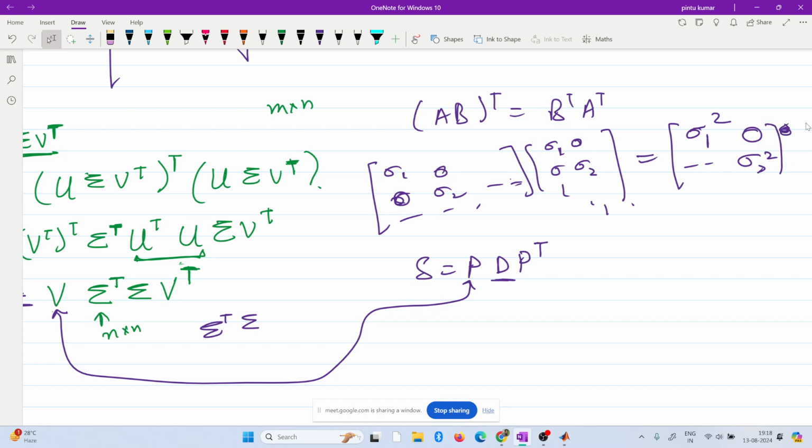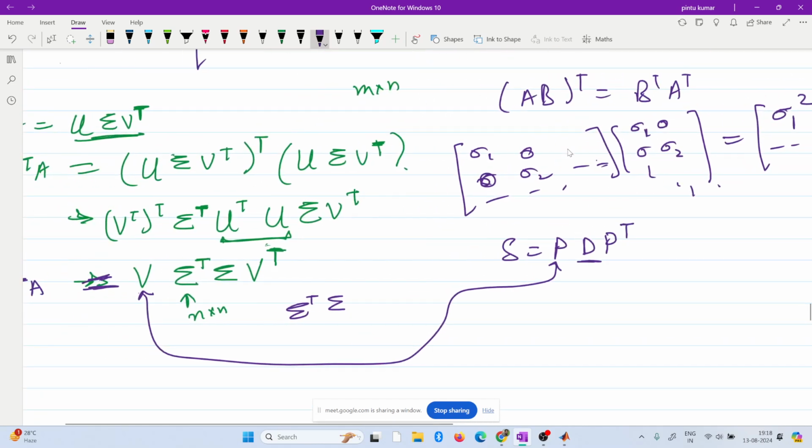So sigma transpose sigma will have the squares of the singular values on the diagonal, because D had eigenvalues.